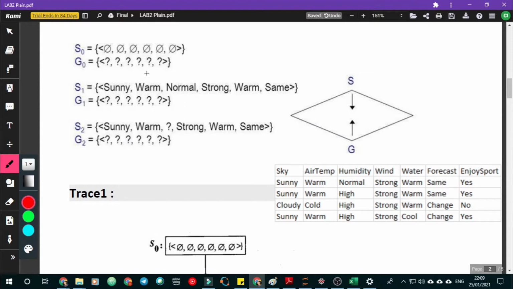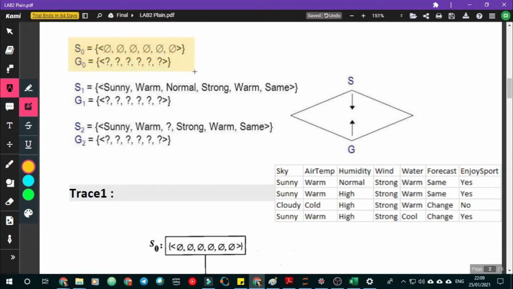Now we need to initialize the boundaries. How are we initializing? The upper boundary is specific, and the lower boundary is general.